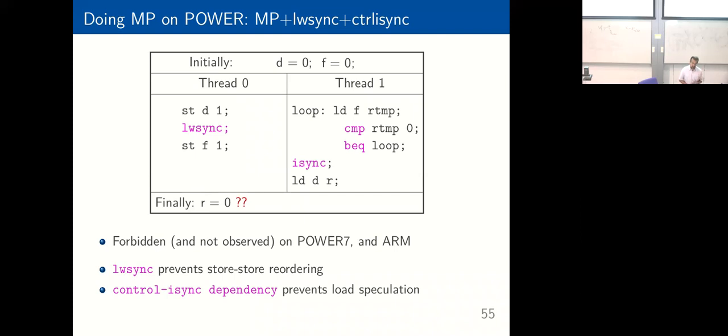That barrier, I didn't tell you this, but it's true, also makes those stores propagate in exactly that order. So that gives us that one. Finally, we need to keep those 2 loads occurring in exactly that order. And there are many ways you can do that. One of them is what's called a control isync dependency. And I'll stop there.